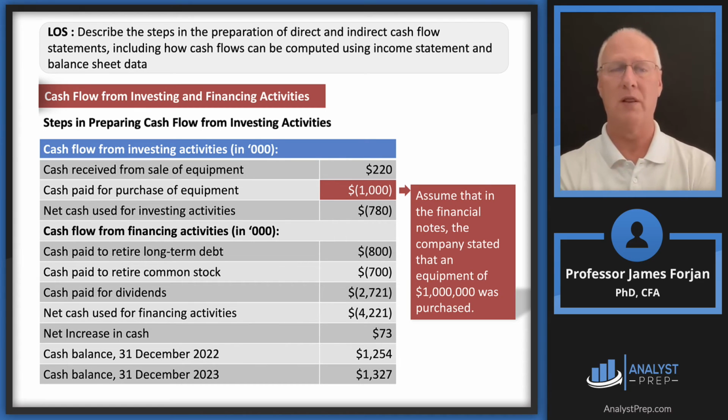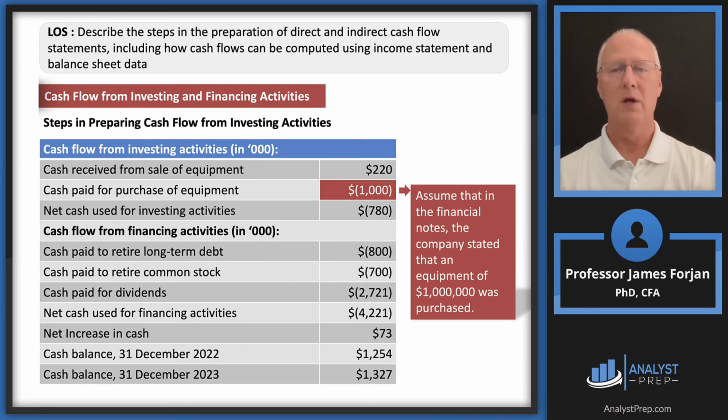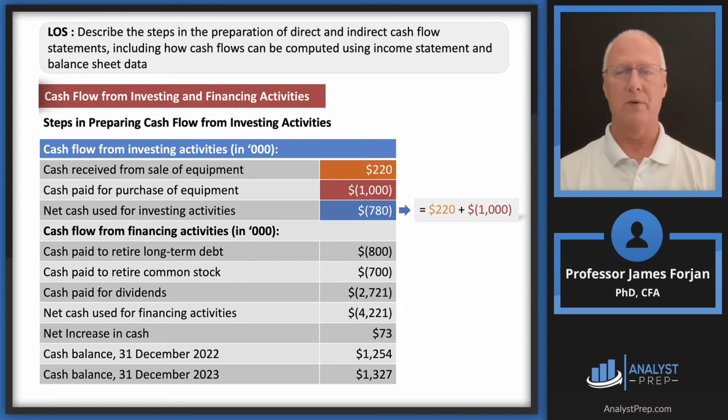So notice we put over in the red block that somewhere in the financial notes, and this would have to be given to you in the question stem, that we paid $1 million in there. So there we go, cash paid for the purchase of equipment. Remember, these are in thousands. So what do we do there? We just take the 220 and subtract out that 1,000, and that gets us 780.